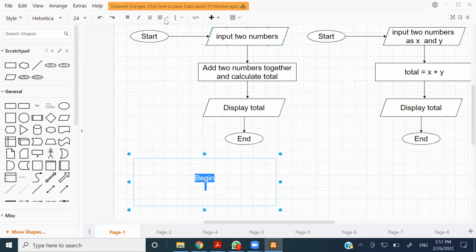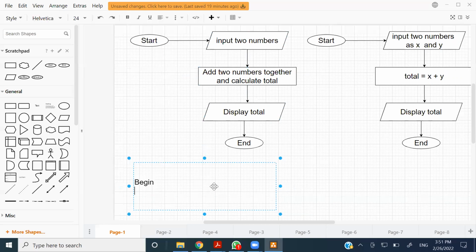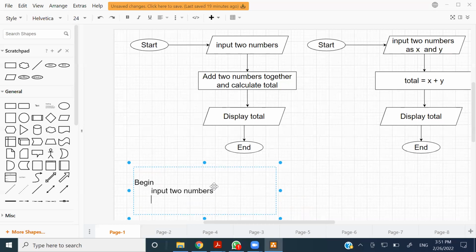A sequence. That means that things are happening one after the other, right? So begin, then I just indent the rest. So input two numbers, right?